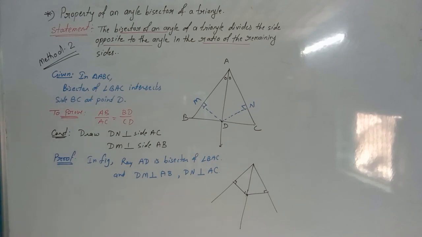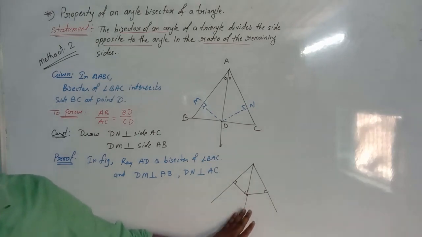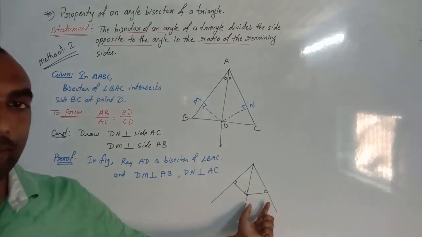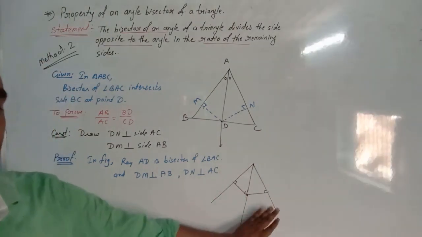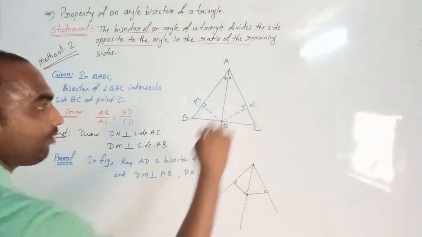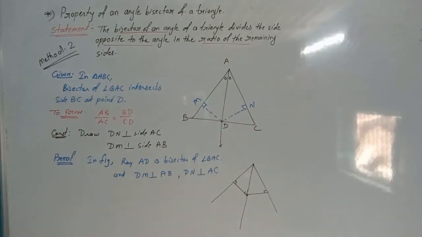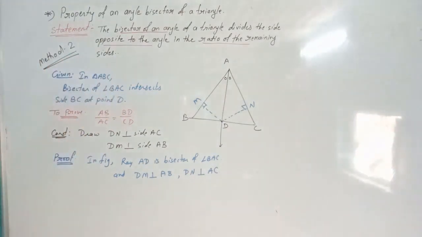Correct? So theorem says that if you take any point on the angle bisector, that point is always equidistant from the sides of the angle. So here MD and DN will be what? Congruent. By which theorem? By angle bisector theorem.